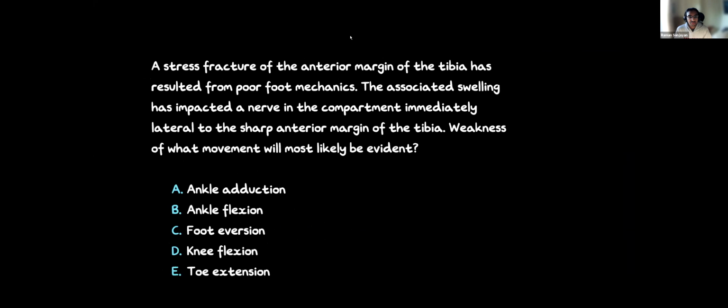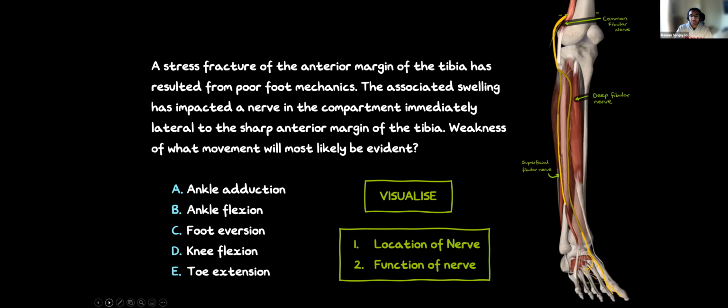Weakness of what movement will most likely be evident? Now, we kind of covered this already with that previous question. Lateral to the front of the tibia is going to be your peroneal nerve, fibular nerve, whatever you call it.